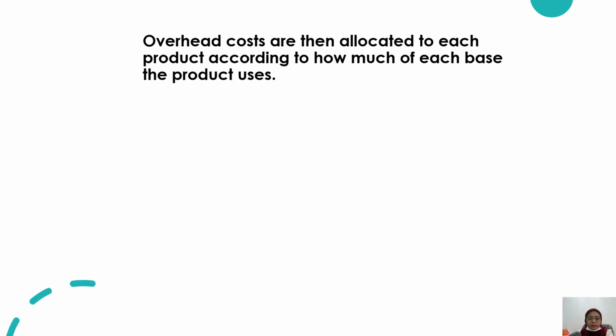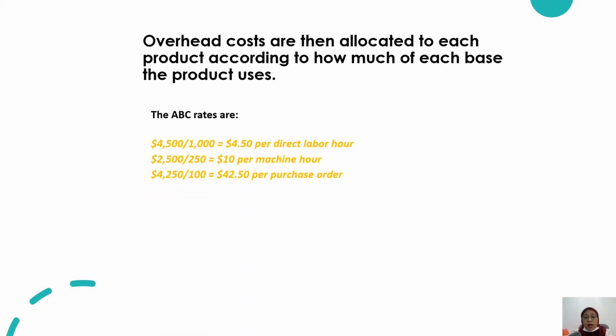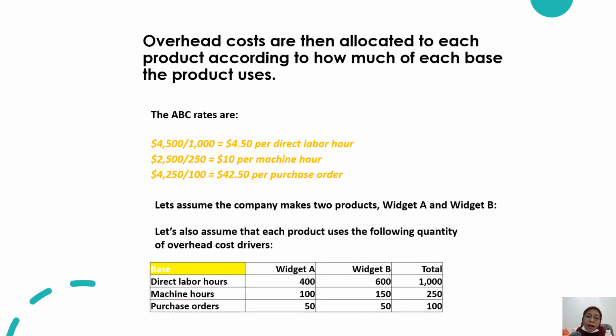Alright. Overhead costs are then allocated to each product according to how much of each base the product uses. So using the ABC rates that we calculated just now, we will calculate for widget A and B. Widget A is product A, widget B is product B. Let's say widget A uses direct labor hours 400, machine hours 100, purchase orders 50. How are we going to calculate?